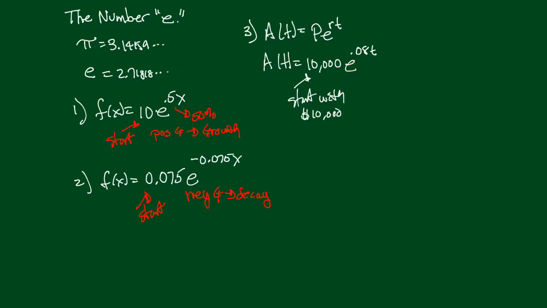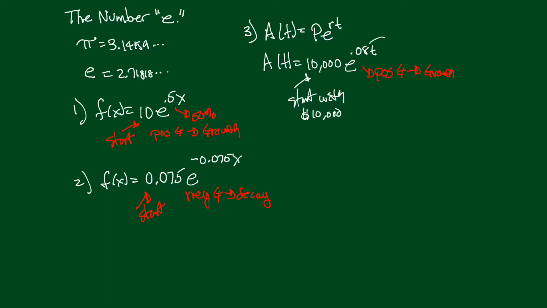And then what do we have? Well, look at this over here. This is e, it's bigger than 1, so I'm thinking growth. This growth rate is positive, so I'm thinking positive growth. And what is positive growth? That's growth. So what's going on here? You start with $10,000, and then it's growing at the rate of what?